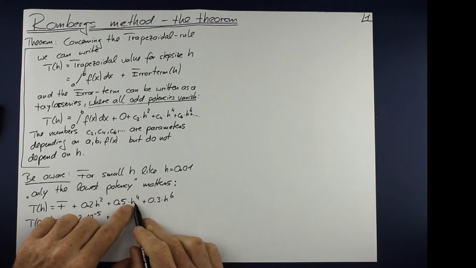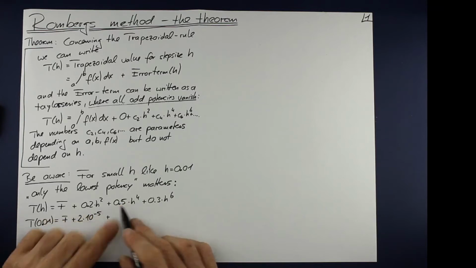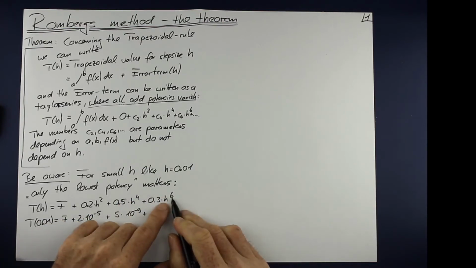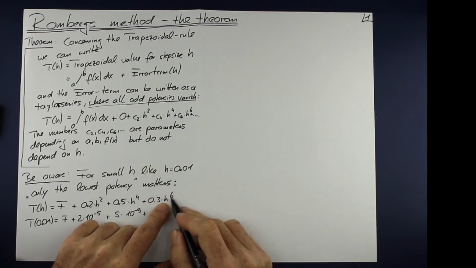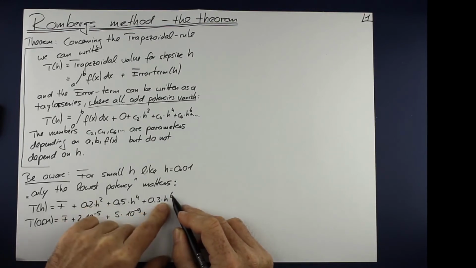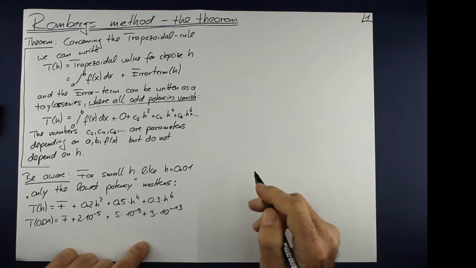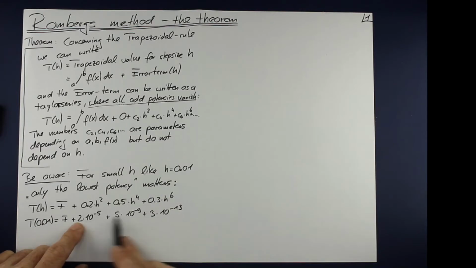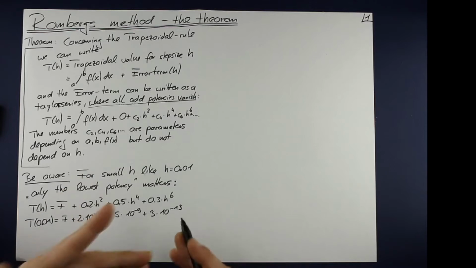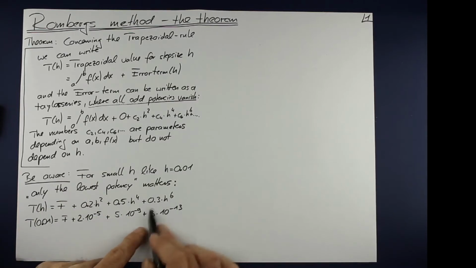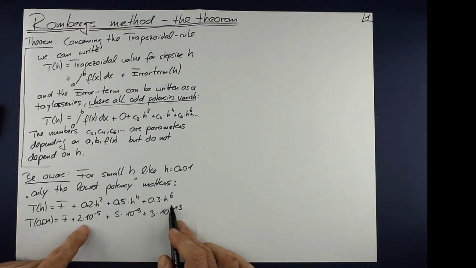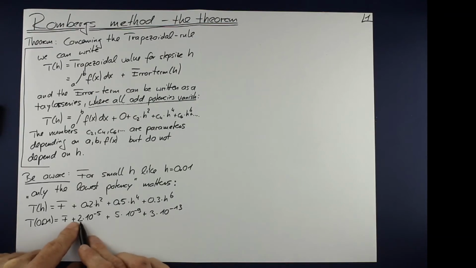Here we get 10 to the power of minus 8, and here h is 10 to the power of minus 2, so we get 10 to the power of minus 12, and so 3 times 10 to the power of minus 13. And that means what? It means that all parts are very small, but this one is nothing compared to that, and this one is even less than that. So this contribution is more or less nothing. It doesn't matter because only this number matters.